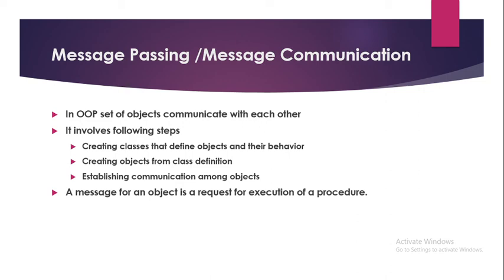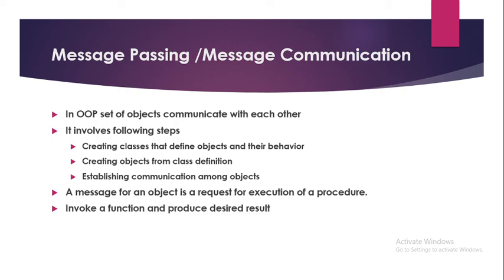A message for an object is a request for execution of a procedure. If one object wants to communicate with another object, it needs to pass a message to that object, which is nothing but a request to execute some procedure or function, to invoke a function, and it produces the desired result.